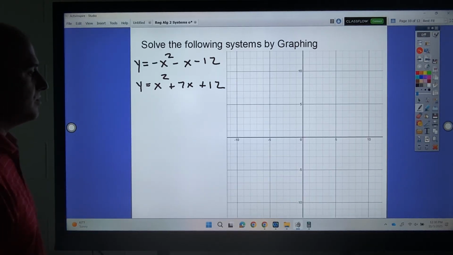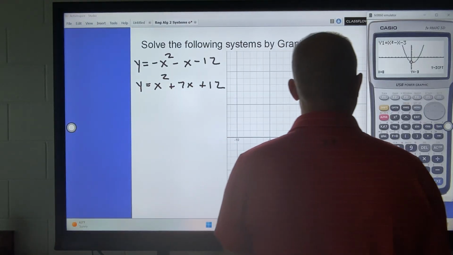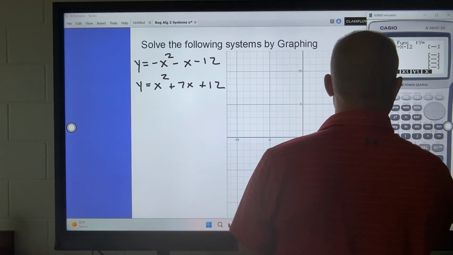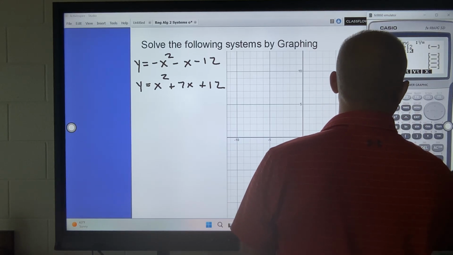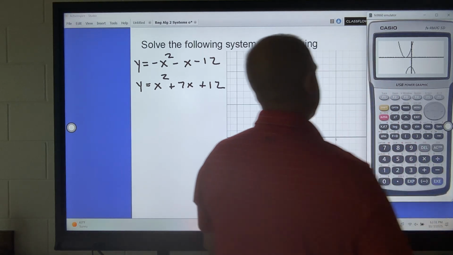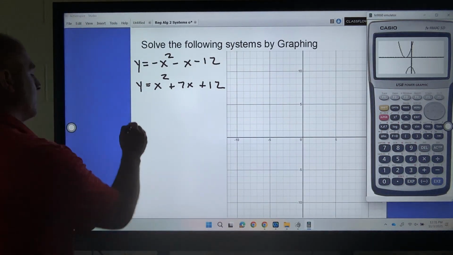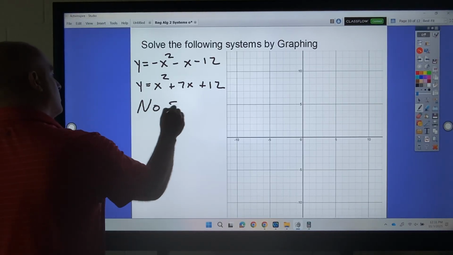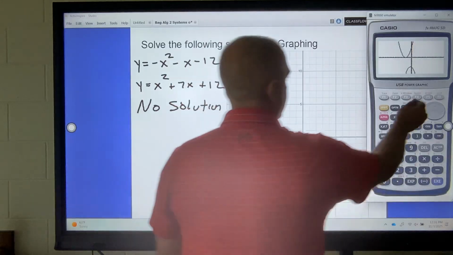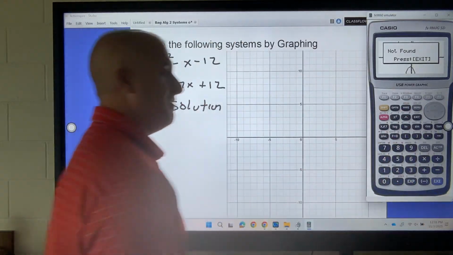Okay, let's do another one. Negative x squared minus x minus 12, and x squared plus 7x plus 12. Draw. Okay. All right, now if I zoom out, execute, I see this. So the answer is no solution, because that doesn't have an intersection, not found.